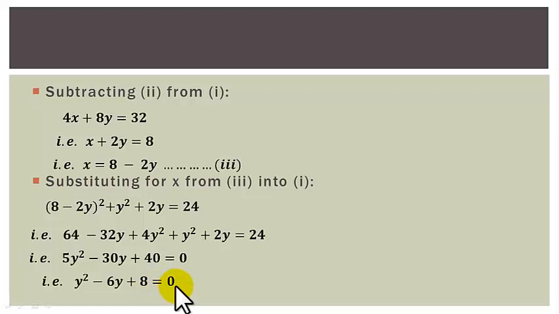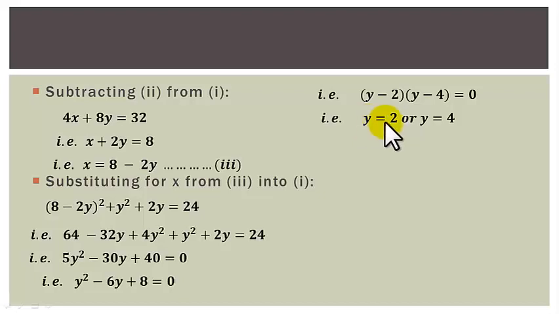We can factor the left hand side of this equation as follows: y minus 2 times y minus 4 equal to 0. This implies that either y is equal to 2 or y is equal to 4. Now, if we substitute for y in equation 3, when y is equal to 2, x will be equal to 8 minus 2y, that is 8 minus 2 times 2, that's 8 minus 4, which gives us x equal to 4.